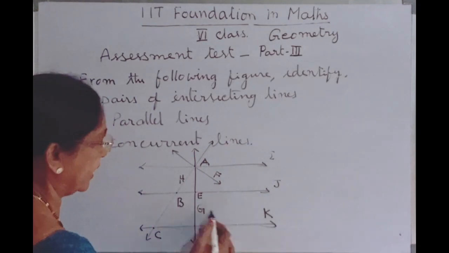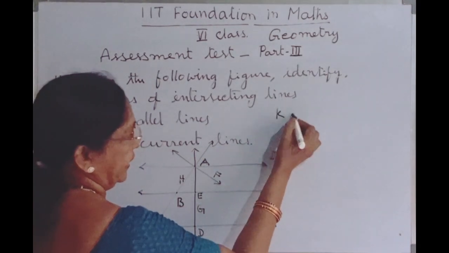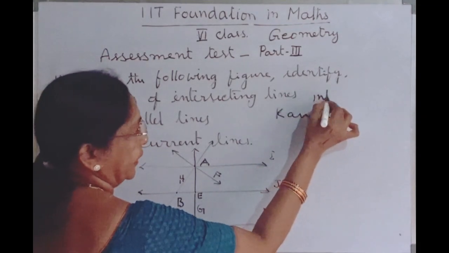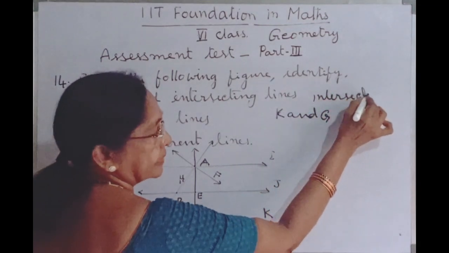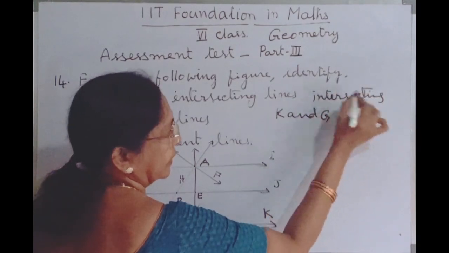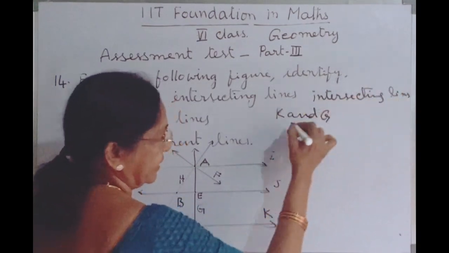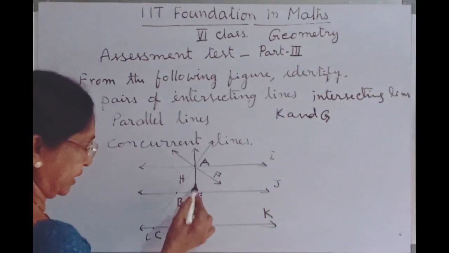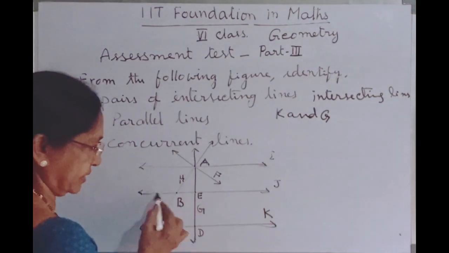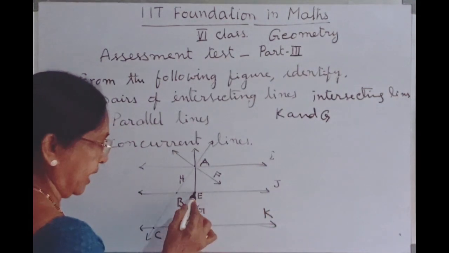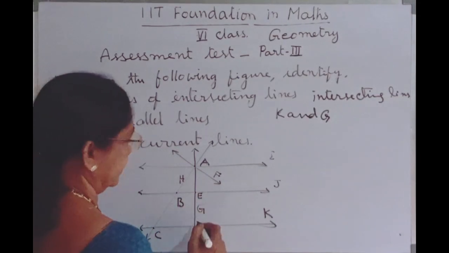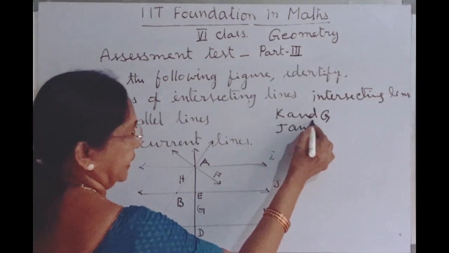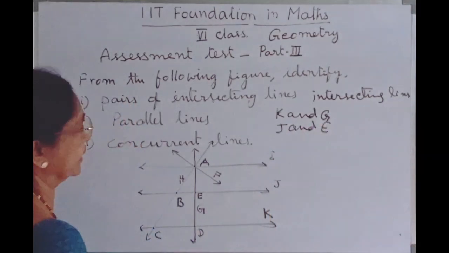Therefore lines K and G are intersecting. Pairs of intersecting lines K and G, one pair, and this is G and J. This line is J and this line is G, intersecting at E. Therefore J and G, another pair of intersecting lines.